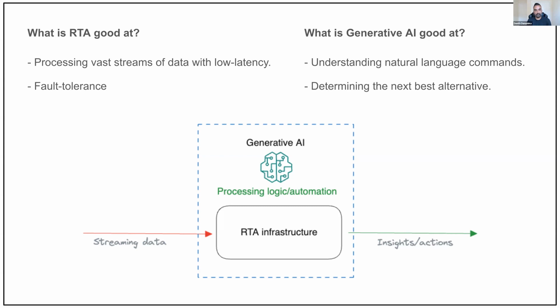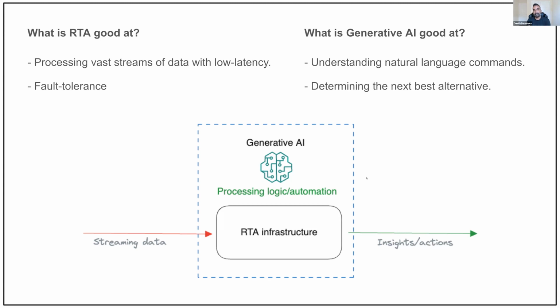Having said that, we all know that real-time analytics systems are distributed systems in nature, and they're built and tested to be fault tolerant, scalable, and respond in ultra low latency. So that's the good part of real-time analytics.